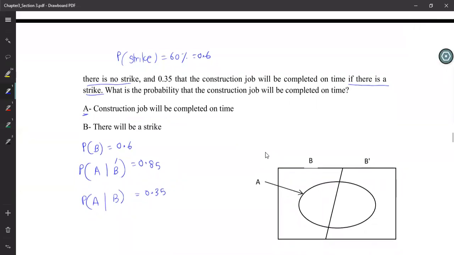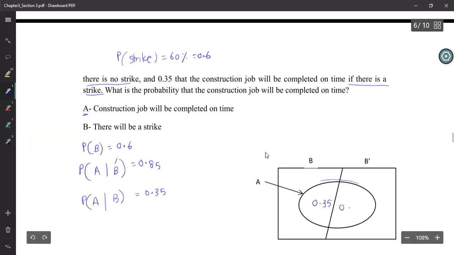Okay. So the completion of the job is this circle A. Can you see the circle A? Completion of the job on time is this circle A. It can be completed whether there is a strike or not, right? Whether there will be a strike or not, the job will be anyway completed. So what is the probability that it will be completed if there is a strike? That is 0.35.